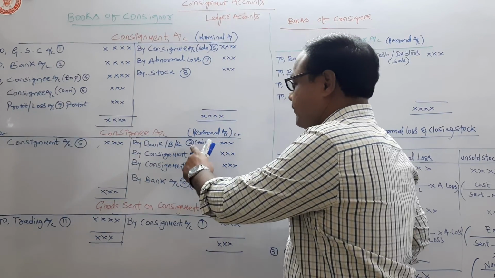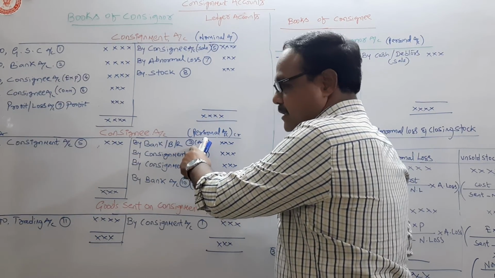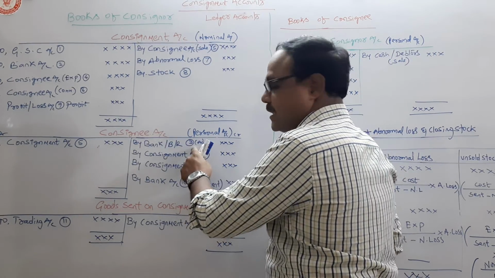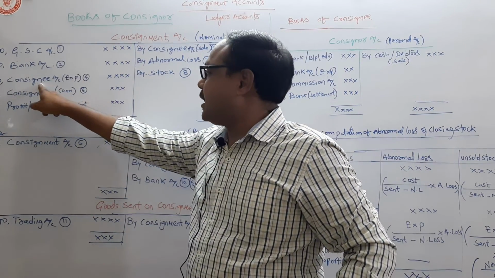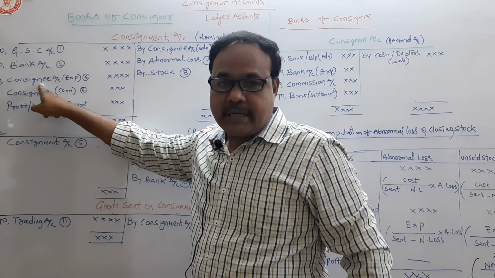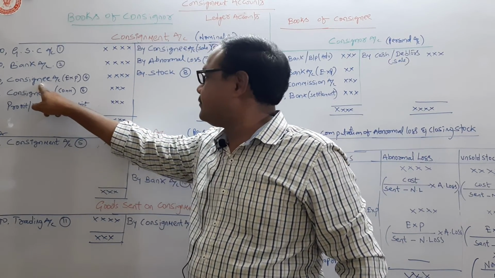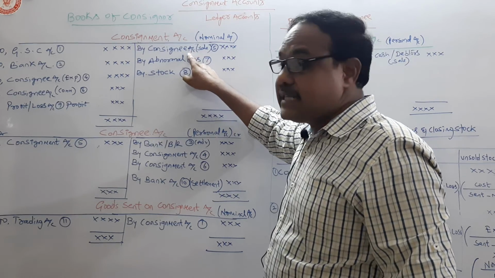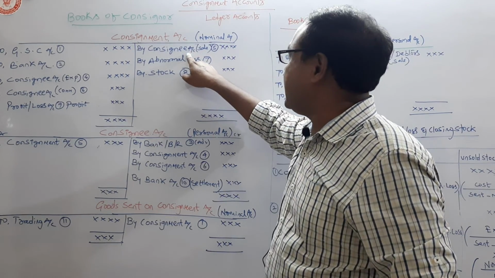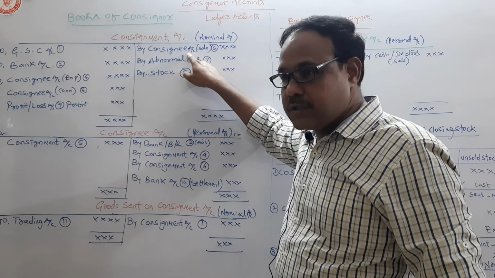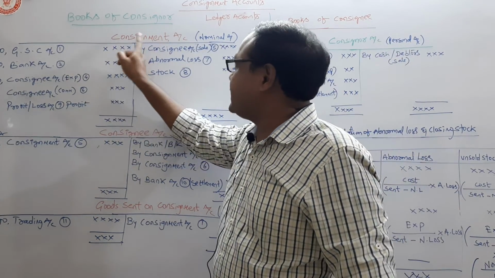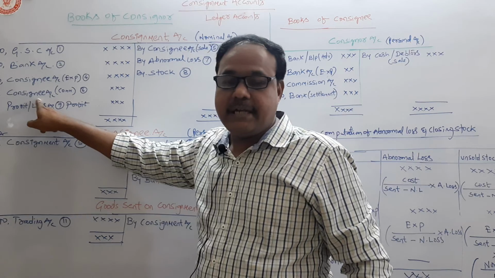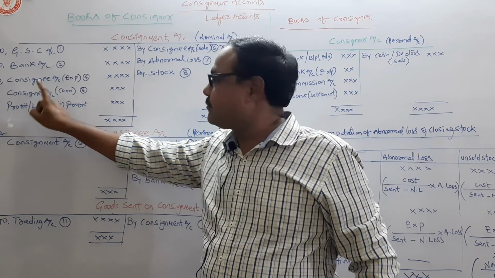Go to number 3, bank or bills receivable account debtor to consignee. 4, consignment account debtor to consignee expenses incurred. 5th, consignee account debtor to consignment, being goods sold on consignment. 6th, consignment account debtor to consignee commission.